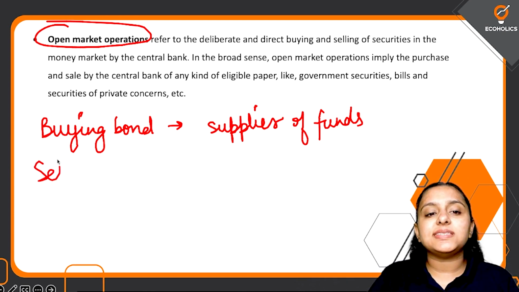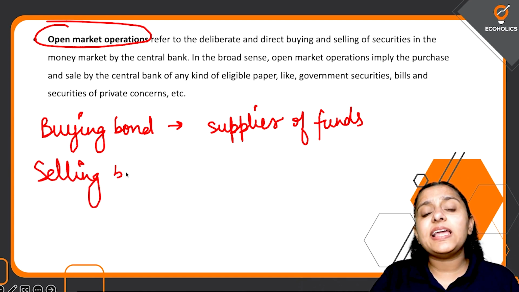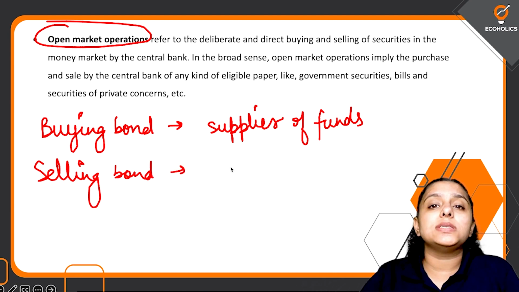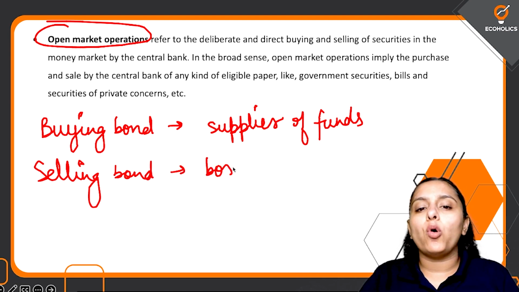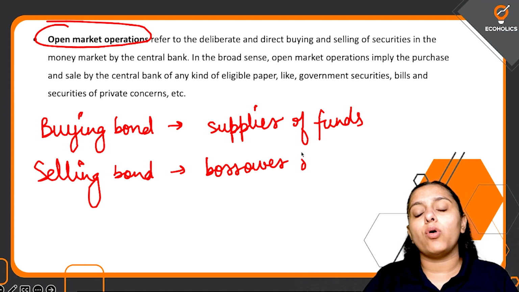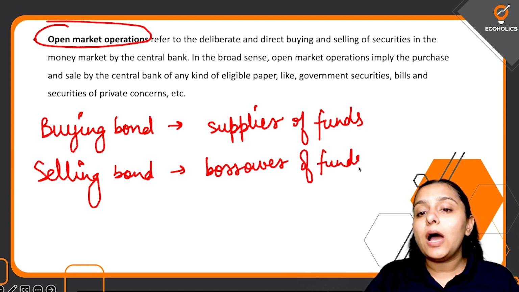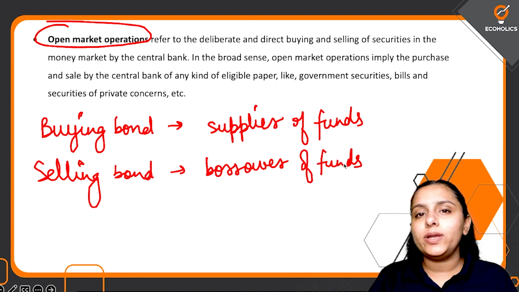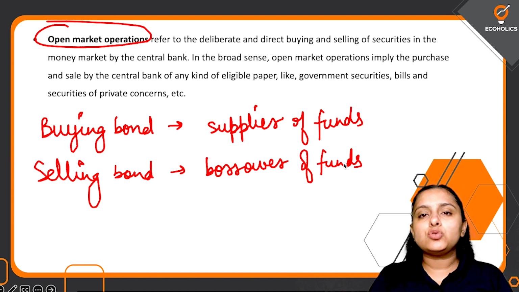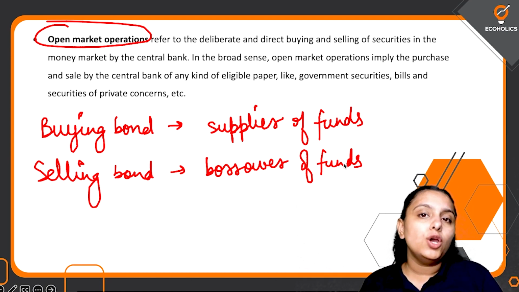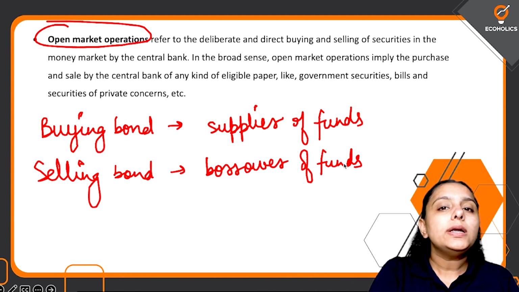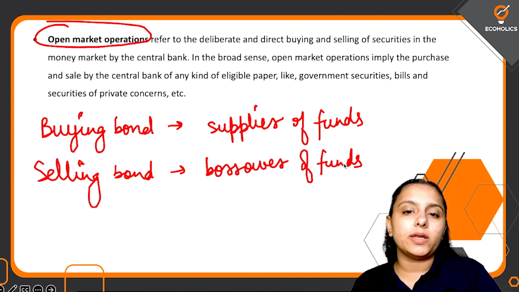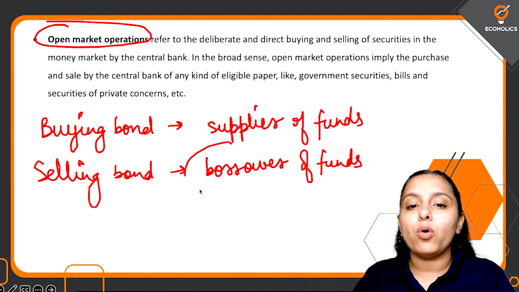And when I'm selling a bond, it means I am the one who is giving the bond, so I'm the borrower of funds. Now, for controlling the credit, RBI needs to pull back the money from the market. They want to take money from the market back, so they would be the borrower of funds.